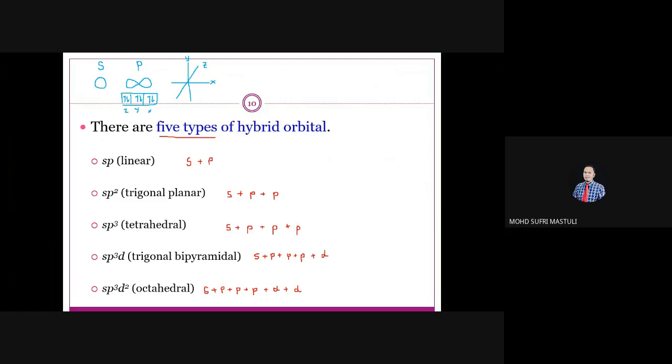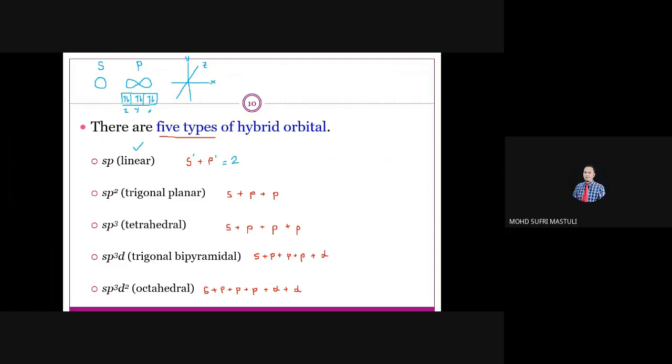The shape or geometry of the hybrid orbital will be determined by the electron domain geometry. For example, this is sp: 1s, 1p. So it has an electron domain of 2, so the geometry is linear.